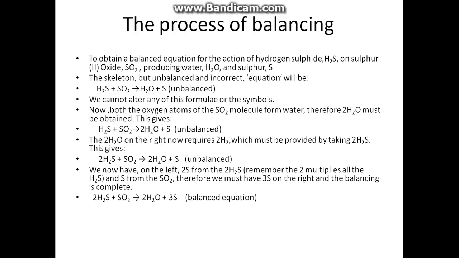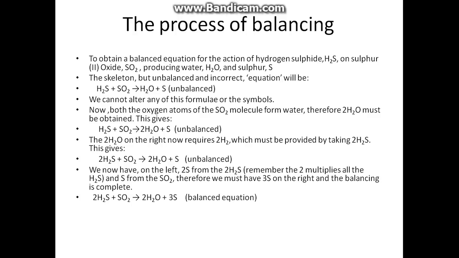Remember that 2 multiplies all the H2S and S for the SO2. Therefore, we must have 3S on the right and the balancing is complete. What we now have is 2H2S plus SO2 to give 2H2O plus 3S.